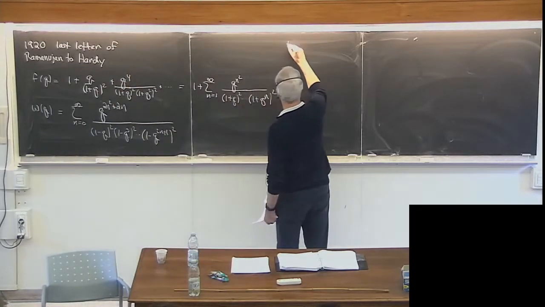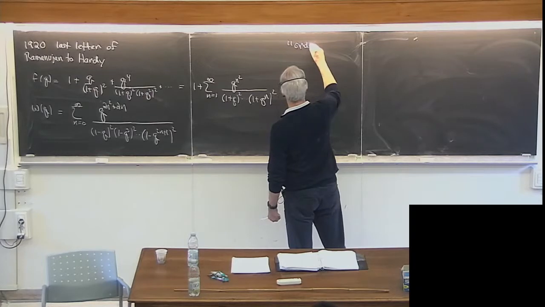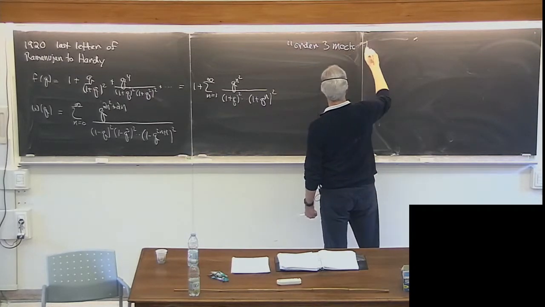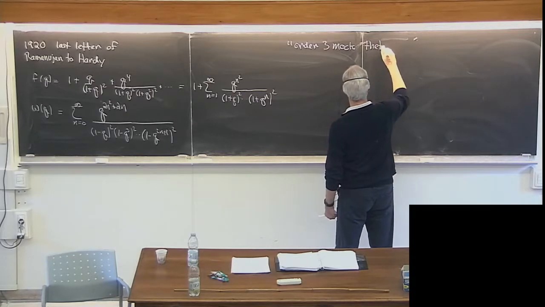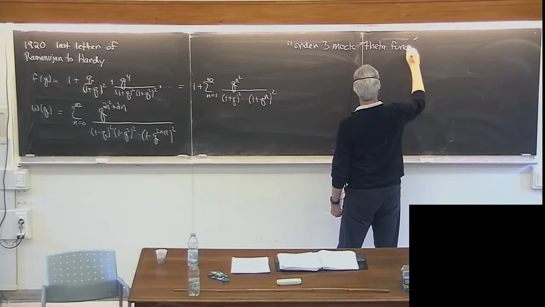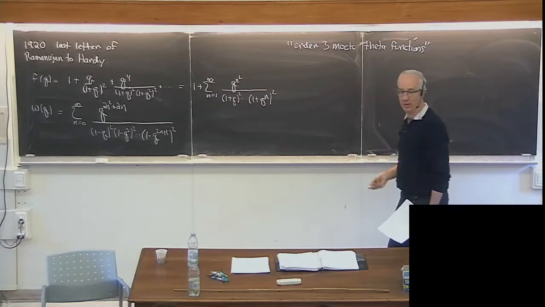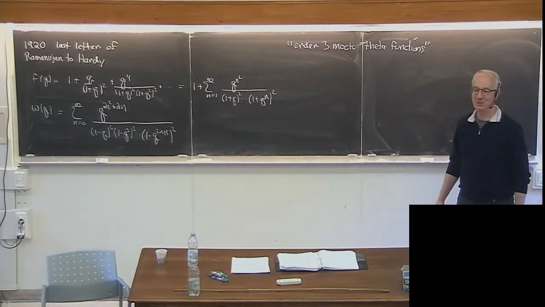He said that these are order 3 mock theta functions. And then he wrote down some other ones that he said were order 7 and order 5 or whatever. But he didn't define what the order was.